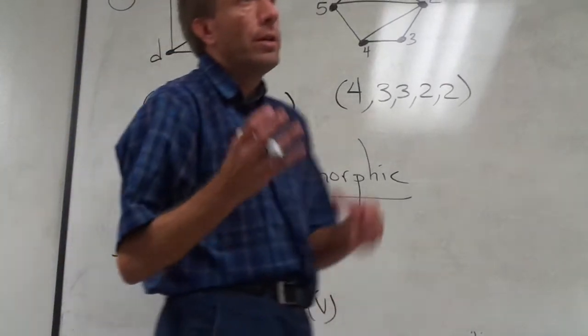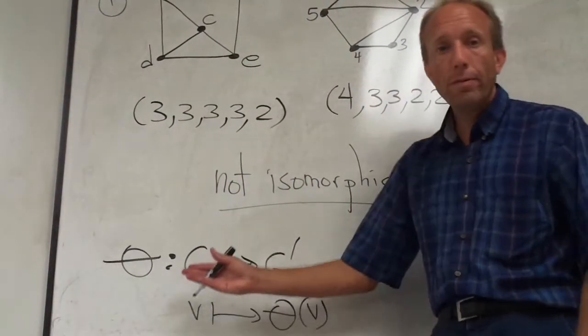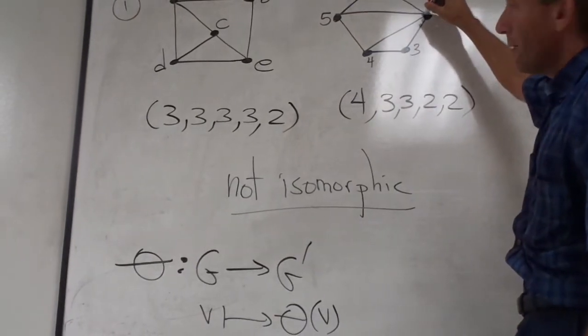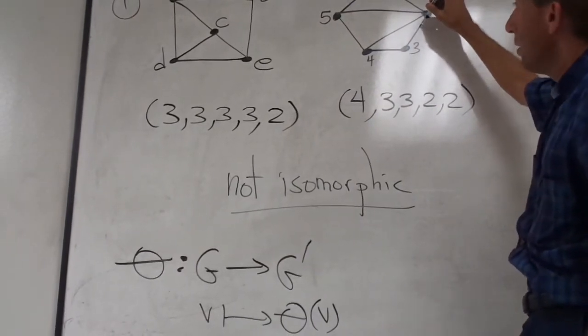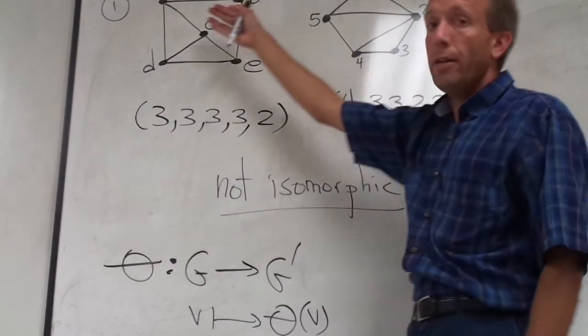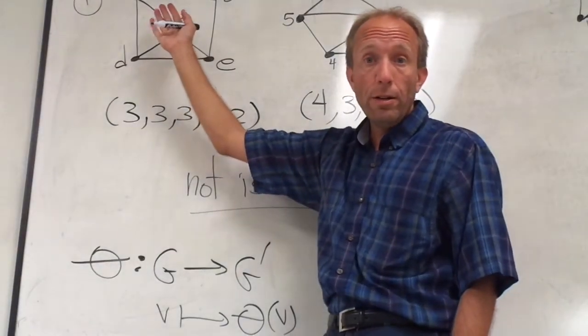In other words, theta is going to respect the degree of the vertices. So clearly we're going to have a problem because this vertex that has degree 4 right here, vertex 2, isn't going to be associated through this function theta to a vertex of degree 4.